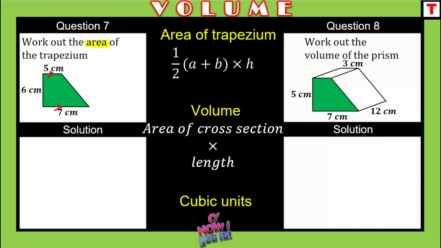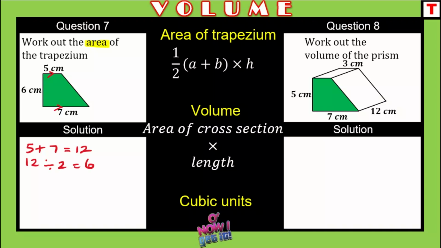So the first thing that we're going to do is add the parallel sides. So this would be 5 plus 7, which is going to be equal to 12. And then we're going to be dividing by 2. So 12 divided by 2 would equal 6.